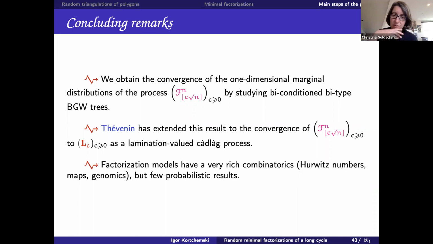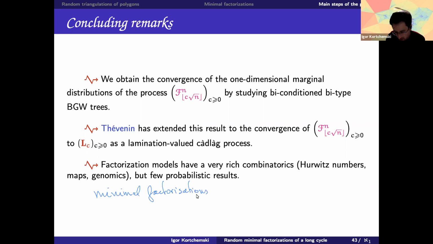And maybe a question of a different flavor. What happens if rather than taking transpositions, I take factorizations into different sorts of smaller units? Yeah, so maybe I can write it here. Minimal factorizations, but still minimal, where you allow more general cycles, not necessarily transpositions.